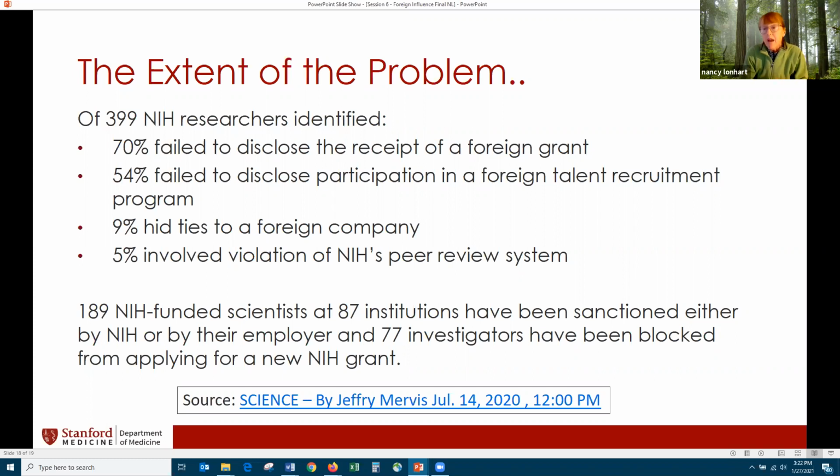And this is why Mike Lauer is so up in arms about this issue of foreign influence. So almost 200 NIH funded researchers and 87 institutions have been sanctioned, either by the NIH or their own employer, and 77 have been blocked from ever applying for a new NIH grant. That is how seriously we all need to take this.